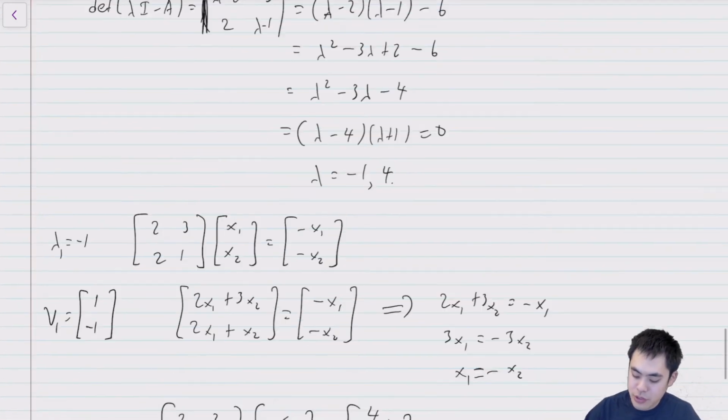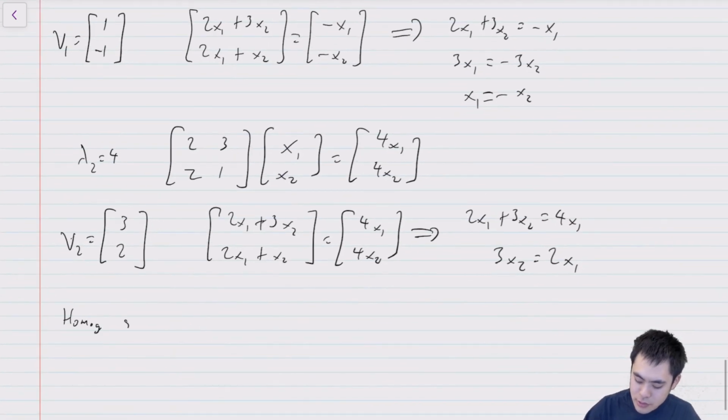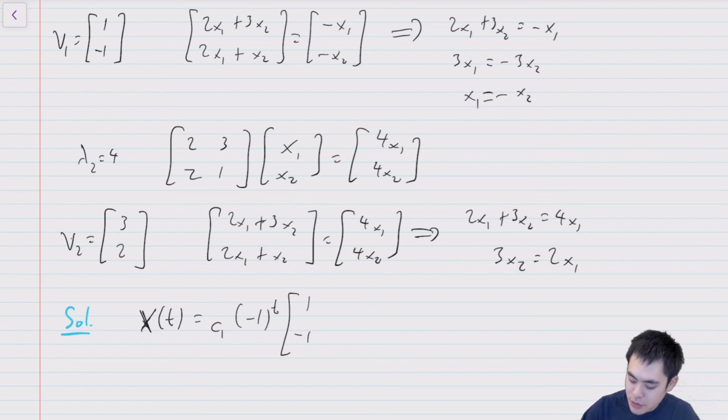So then the homogeneous solution, x of t, is equal to some constant c1 times (minus 1) to the t, times the eigenvector associated with that, plus c2 times 4 to the t, times the eigenvector associated with that one.